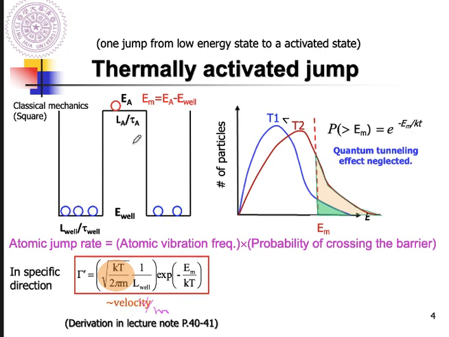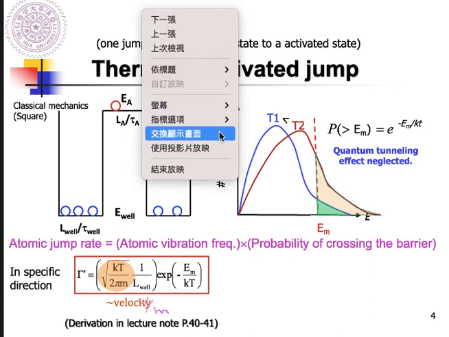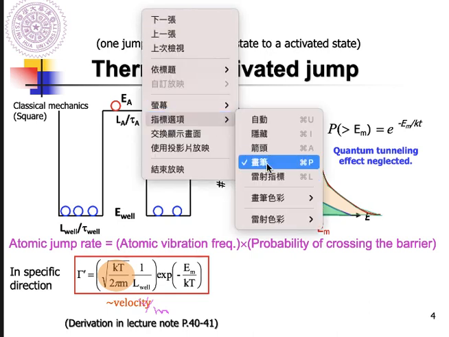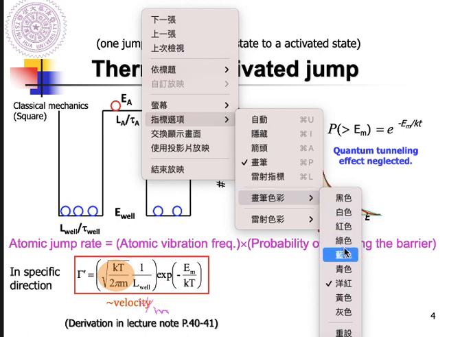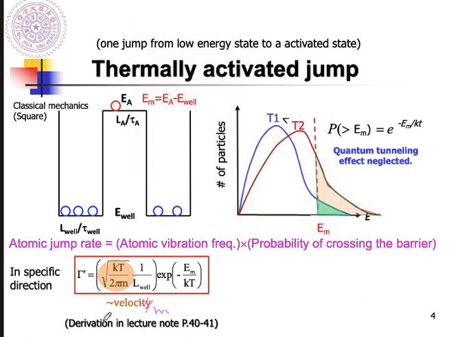Some people were probably curious about why we can express the velocity like this. You can think about that. This is just a trick, easy to remember. The energy we have is thermal energy. You can write it as kT, right?